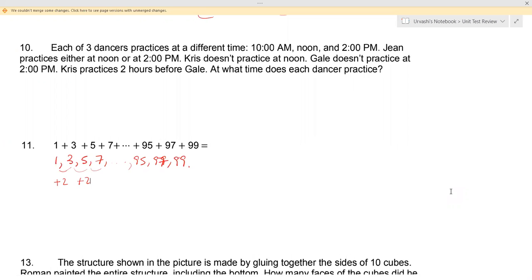All right, so we add 2 each time. Okay. Who wants to solve this one?